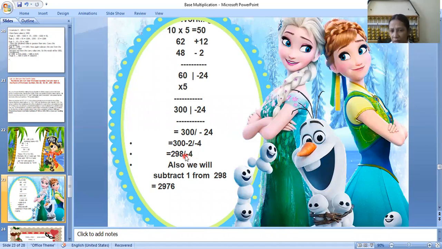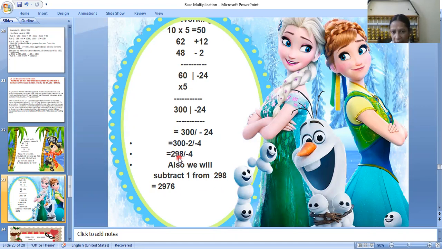Also, you know this is the negative term. And in the previous question, I have told you how you can convert the negative term into positive term. You have to subtract 1 from 298.